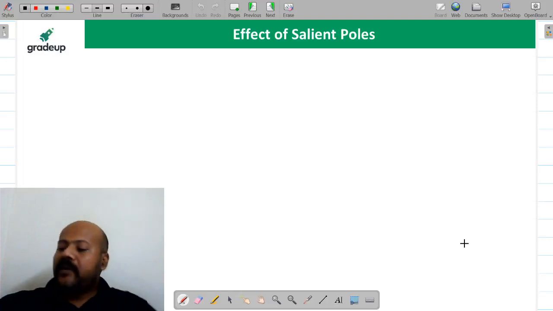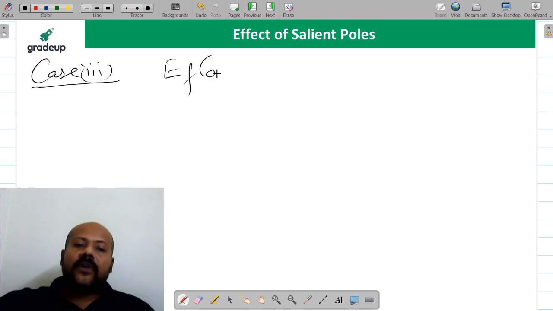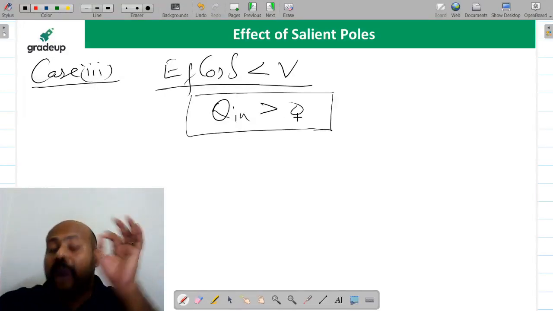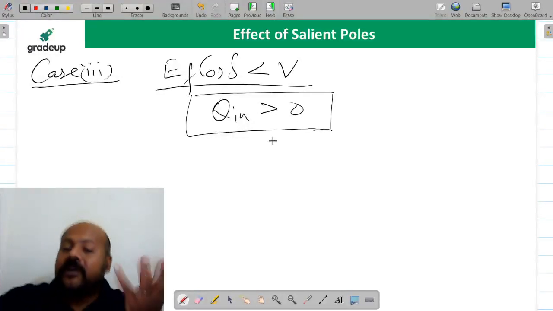Third case beta I am going to take. If EF cos del is less than V, then your input reactive power for the motor is going to be positive. If your input reactive power for the motor is going to be positive, it means your motor is going to consume that much reactive power.